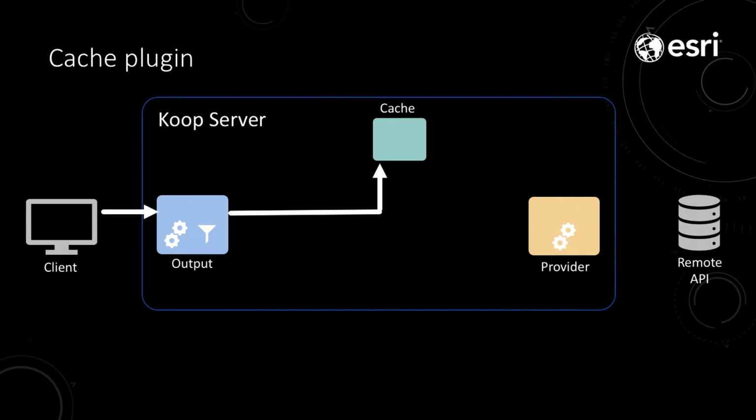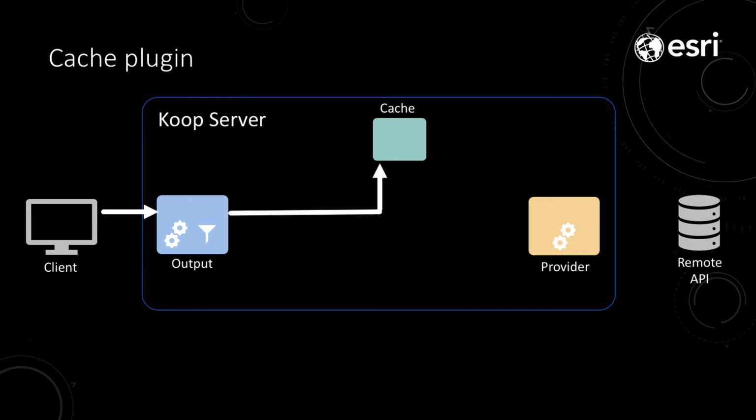Now, that was a pretty simple instance of Koop that I showed. You can use something called a cache plugin to increase performance and get around things like rate limiting on your remote API.